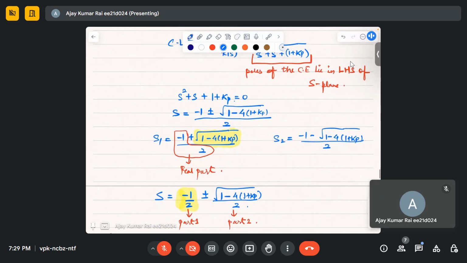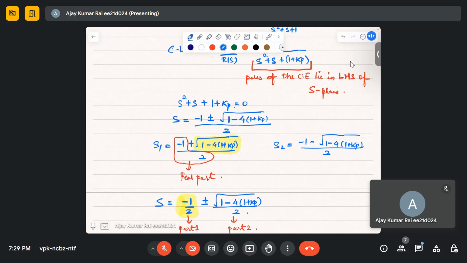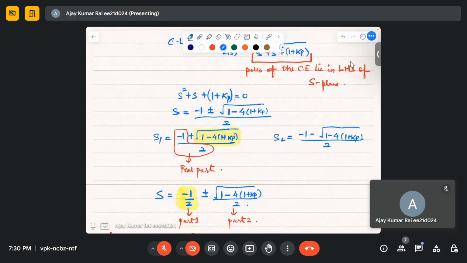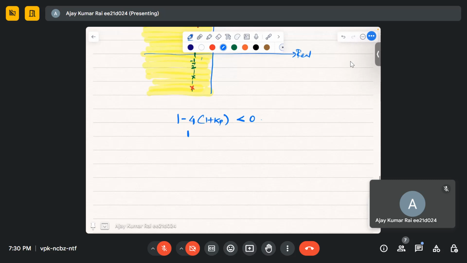Okay, let me see, all the roots are taken care of. Yeah, and minus 4. What will be its value? This will be 4 by this.